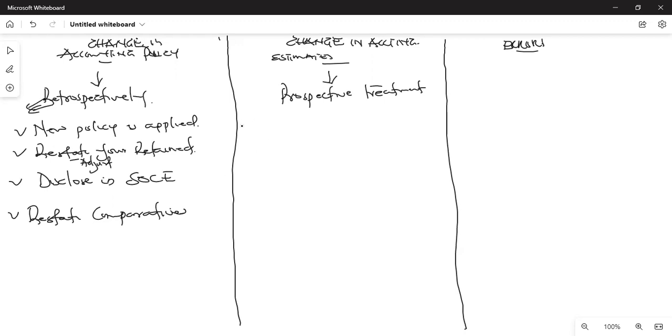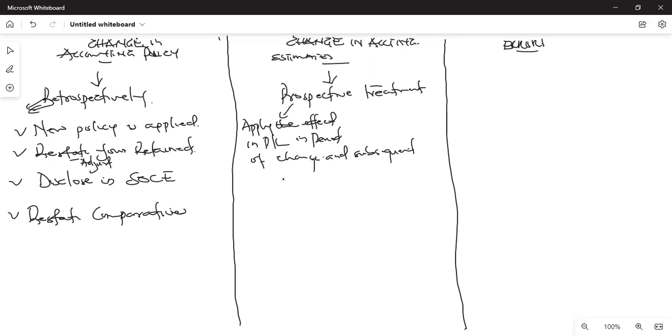Then for subsequent periods, what we mean is to apply the effect in the P&L in the period of change and subsequent periods.